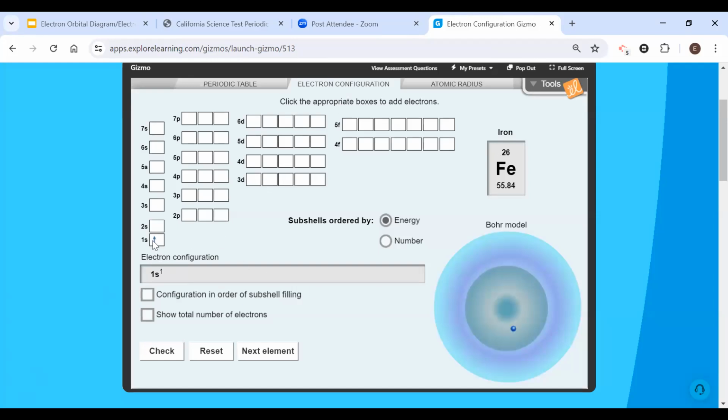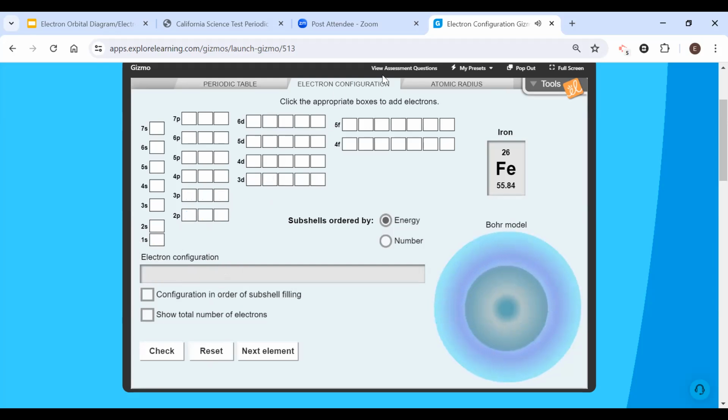We place these electrons 1, 2, 3, 4, 5, 6, 7, 8, 9, 10, 11, 12, 13, 14, 15, 16, 17, 18, 19, 20, 21, 22, 23, 24, 25, 26. Did you get it right? Hopefully you did, okay?